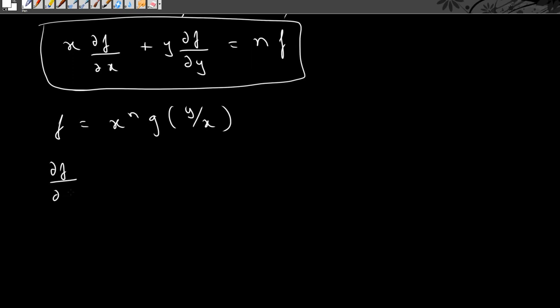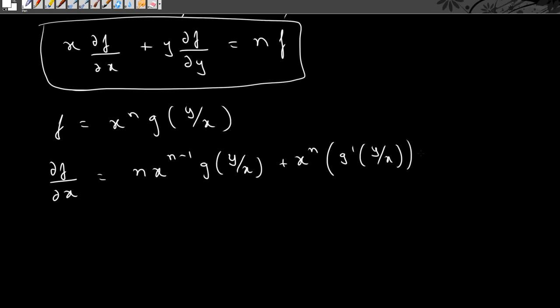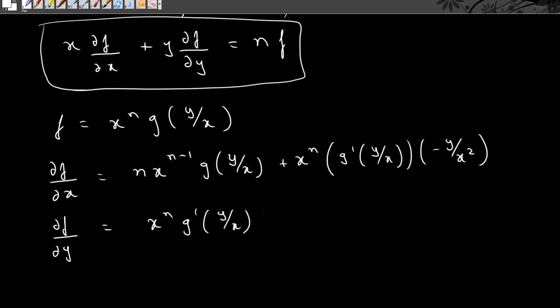Then dou f by dou x would be simply n times x power n minus 1 g of y by x plus x power n into g dash of y by x into minus y by x square, right? Similarly, dou f by dou y would be x power n g dash of y by x into 1 by x.